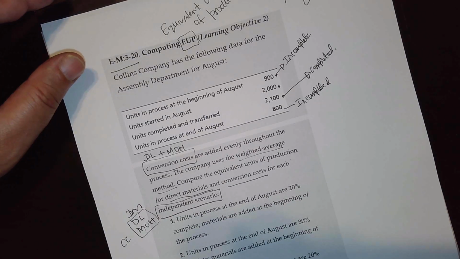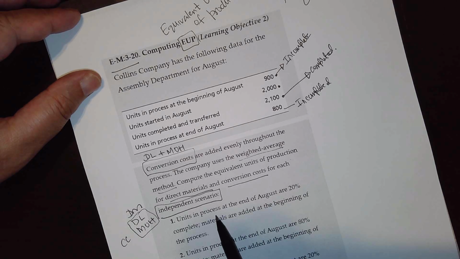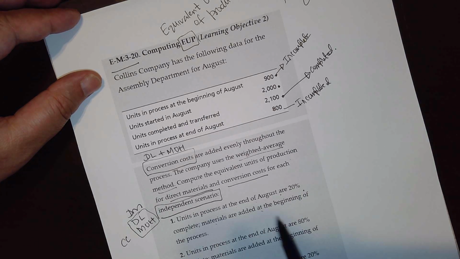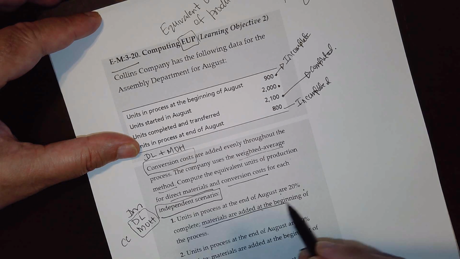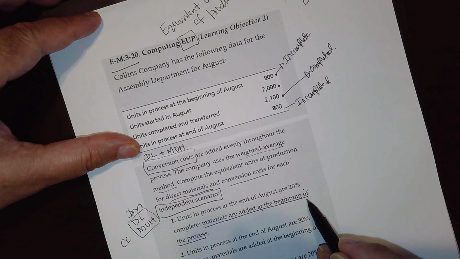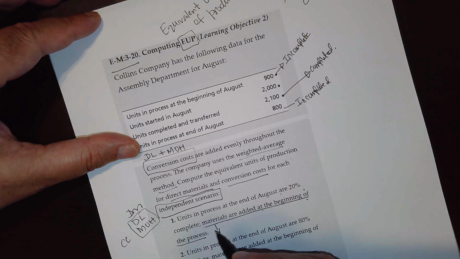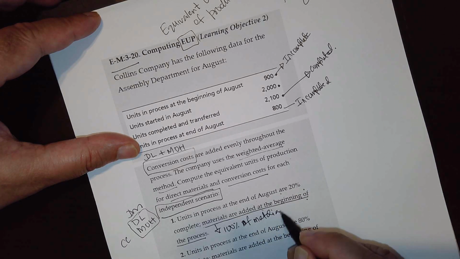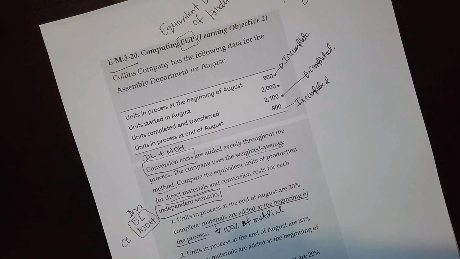Units in process at the end of August are 20% complete. Materials are added at the beginning of the process. Every time you see this statement, materials are added at the beginning of the process, it means 100% of the material was added at the beginning, so no other material was added.